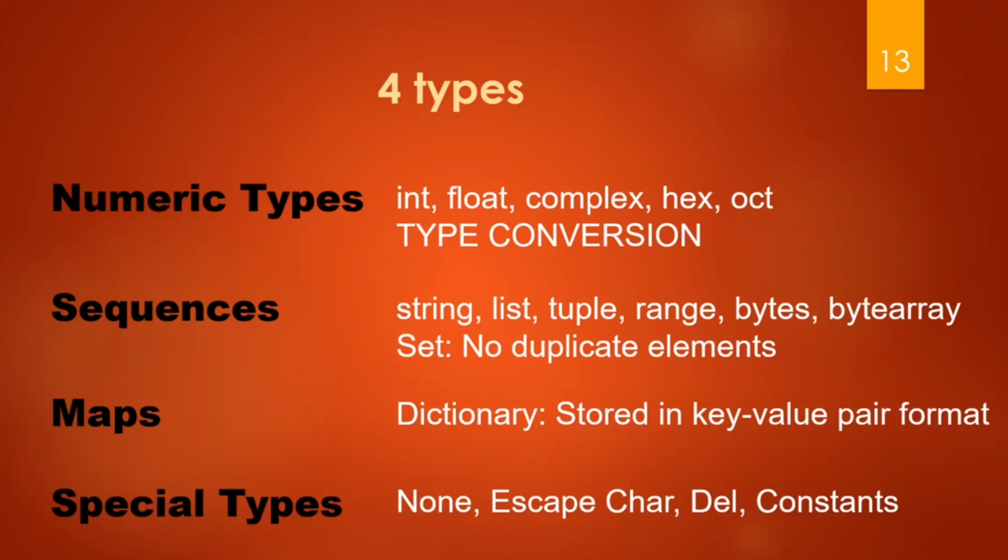Then we talked about maps. Maps, like map means key value pair, right? Key is unique, and corresponding to every key there should be a value. So here in Python, we usually name it as dictionary, where we store all the values in key and value pair format.